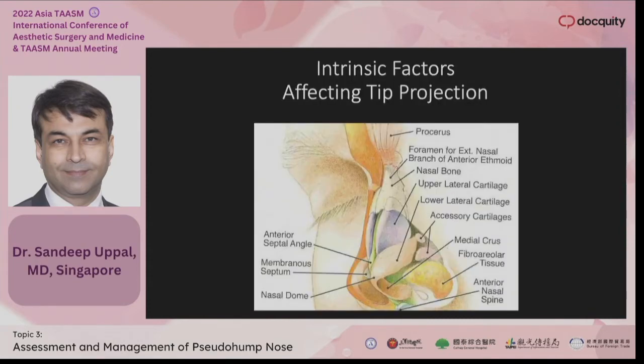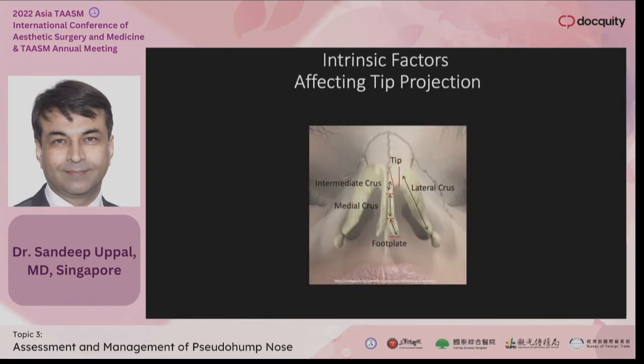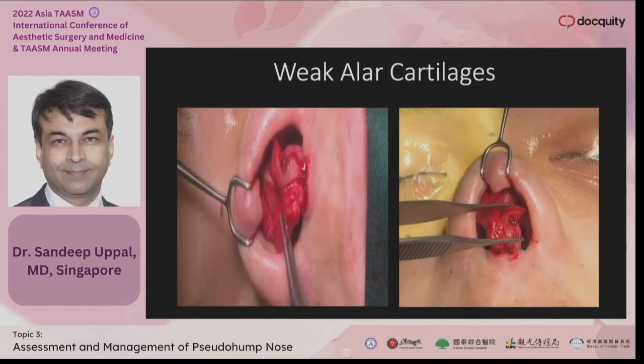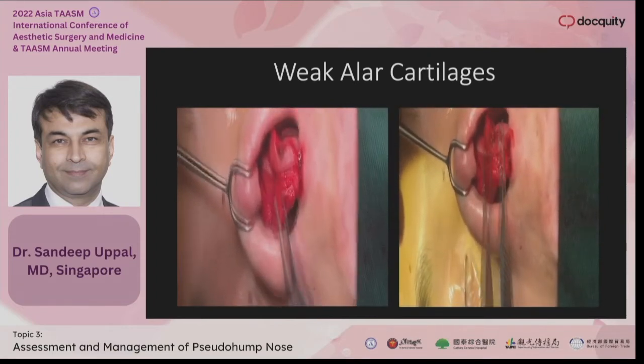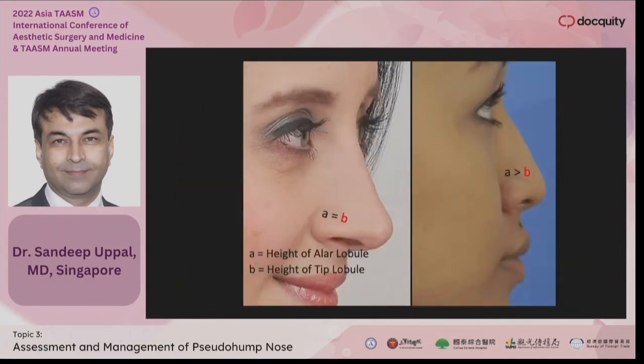Nasal tip shape and projection is largely determined by the position, size, shape, and integrity of the lower lateral cartilages. In Asian noses, the alar cartilage is often small. The alar cartilages are often weak as well, and this causes underprojection of the tip.